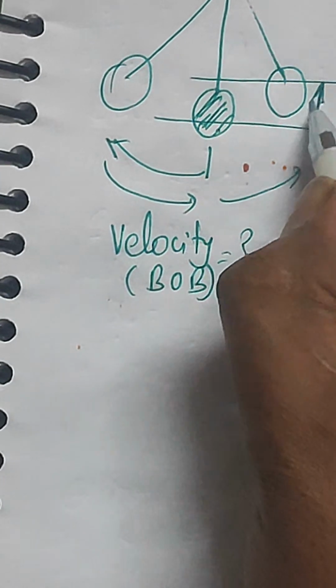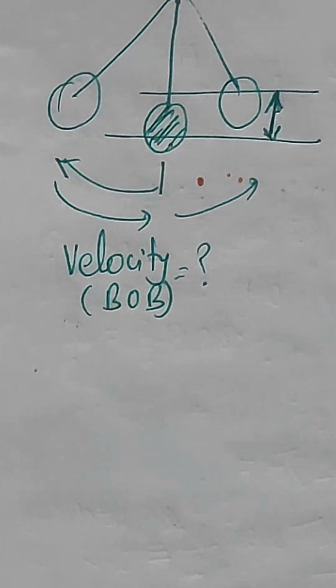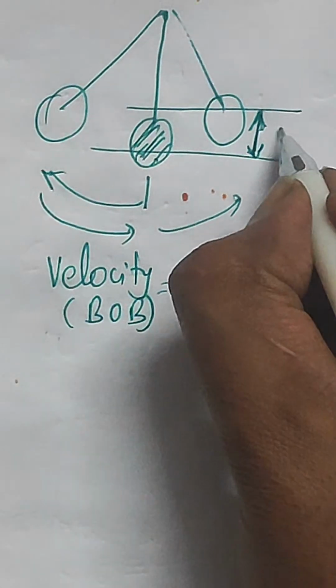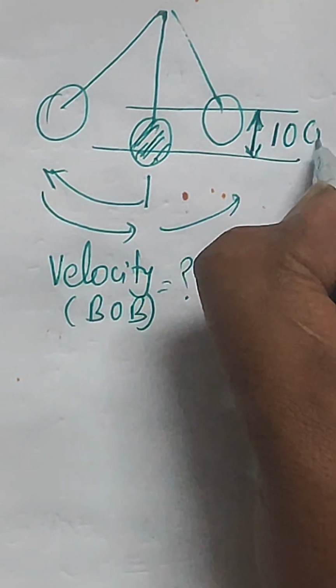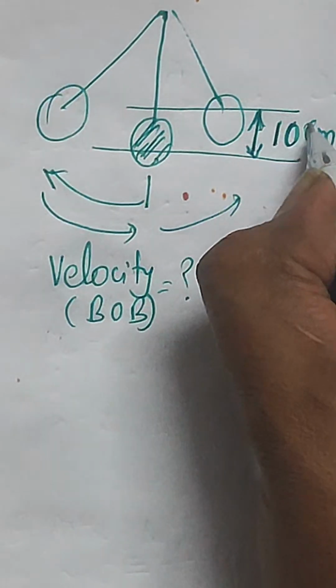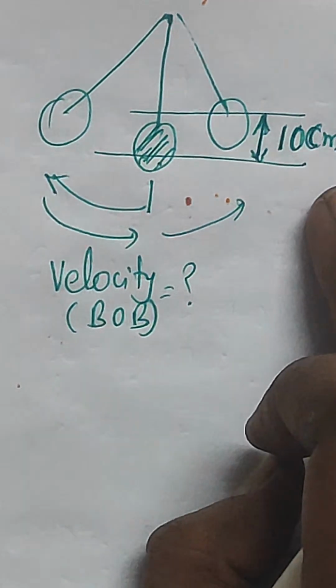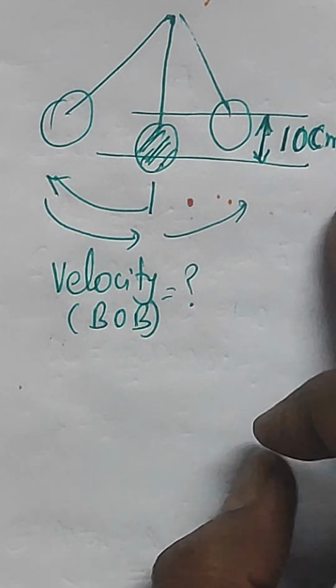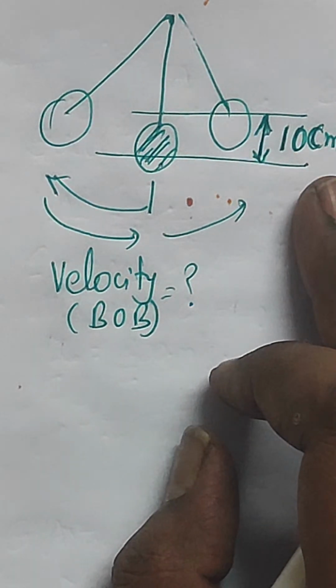This is the vertical height. If you are observing, that is equal to 10 cm. Then in this case we need to find the velocity of the bob of the simple pendulum.